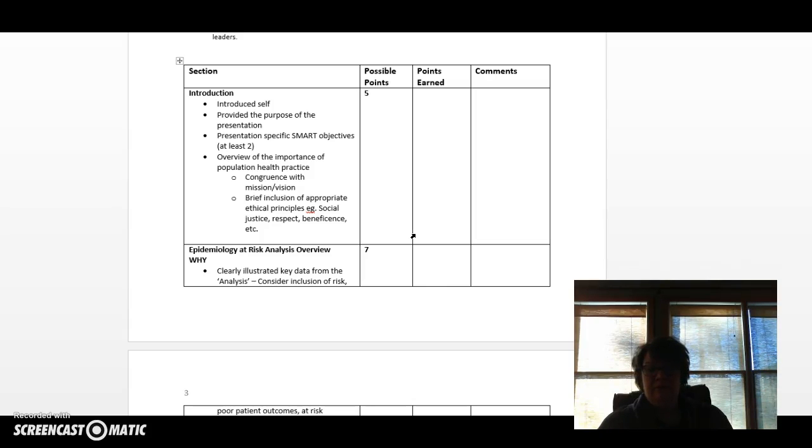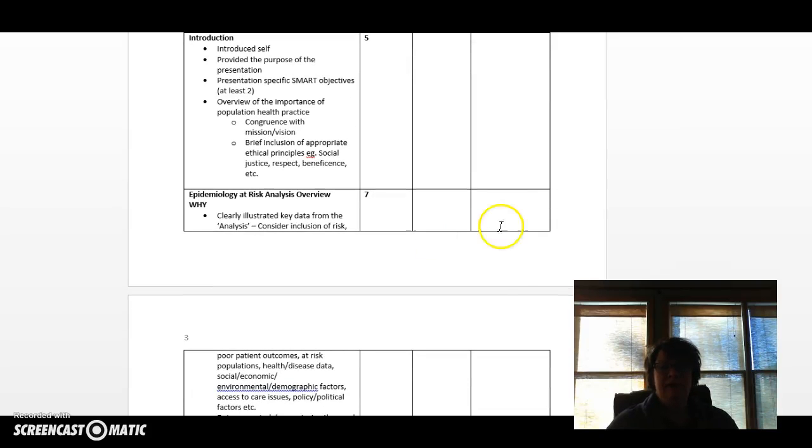It could be maybe a quick little survey afterwards, those types of things. So it doesn't have to be highly complex, just that you have those components in place, showing how you're meeting your objectives. So as always, whenever we develop anything, we need to be congruent with our mission and vision.